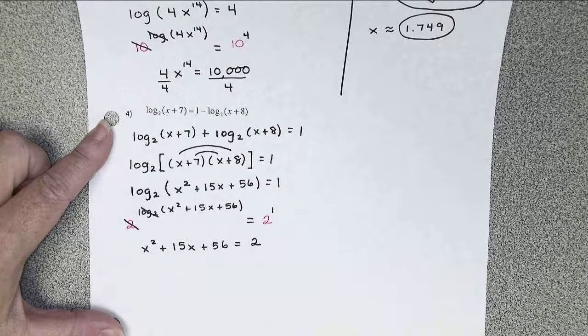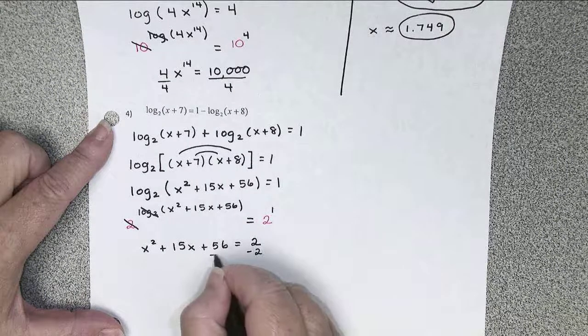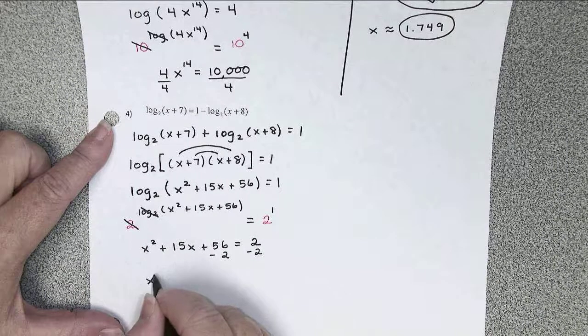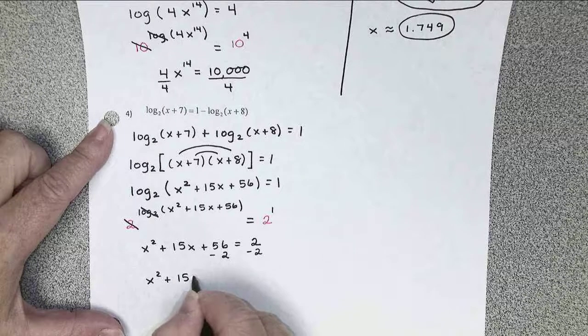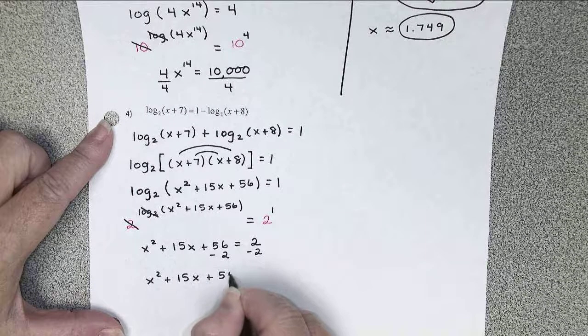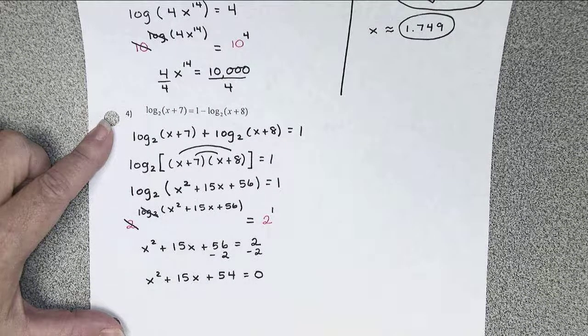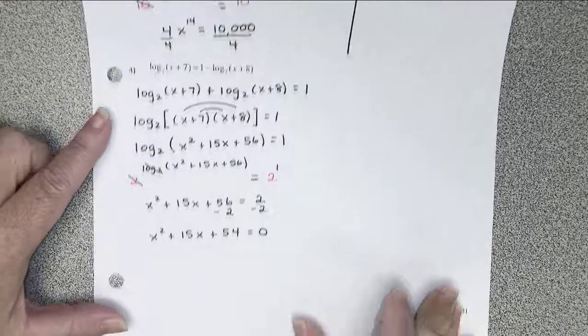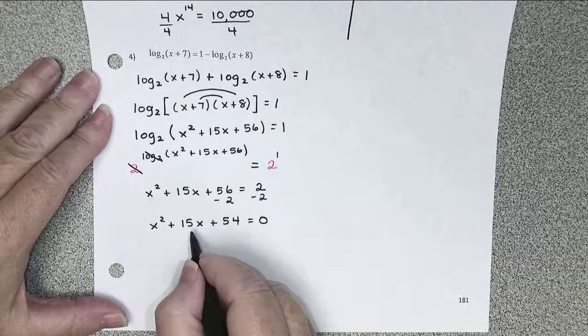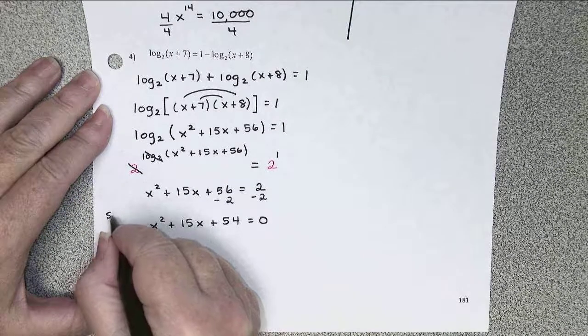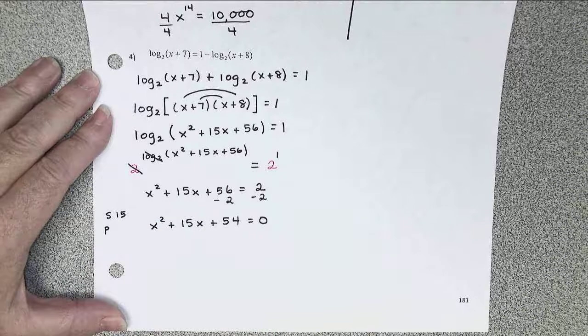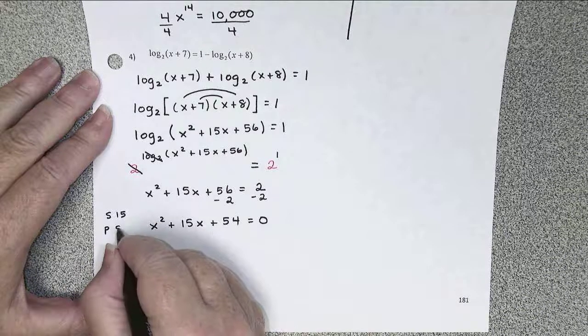I'm back to a quadratic, so I'm going to go ahead and get 0. Let's subtract that 2. And now let's see if that one factors. I would need a sum of 15 and a product of 54.